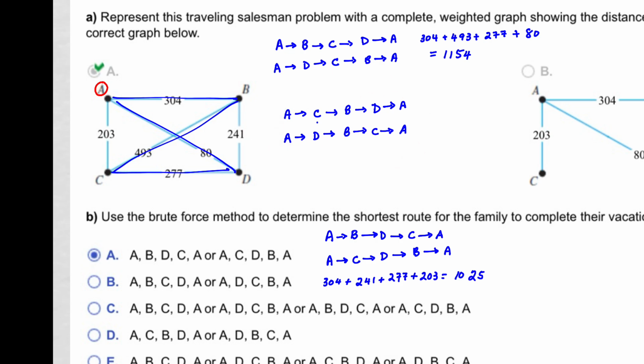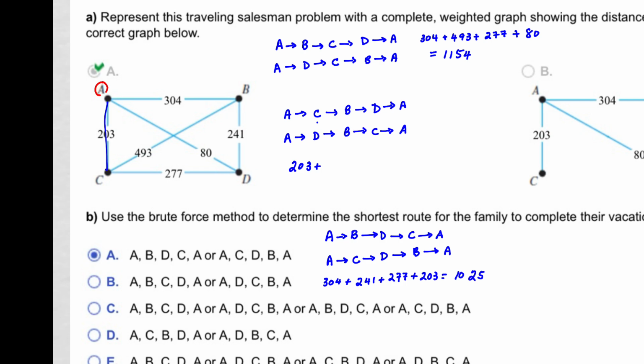So now let's take a look at the last route. I'm starting with A to C. I could have done A to B to D to C to A, either one route or its reverse. Doesn't matter which one.